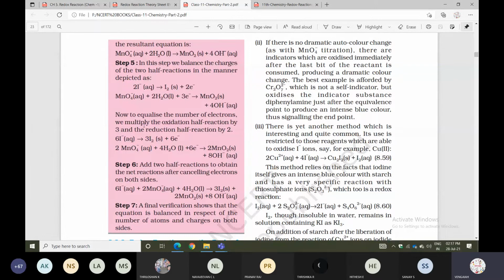So one reaction is multiplied by 3, another by 2. Add the 2 half reactions to obtain the net reaction after cancelling electrons on both sides. The final verification shows that the equation is balanced as per the number of atoms and charges on both sides.